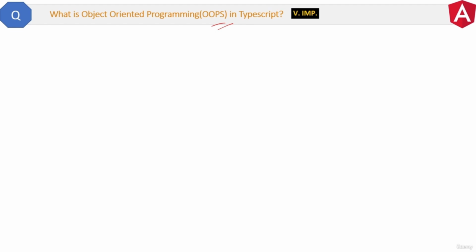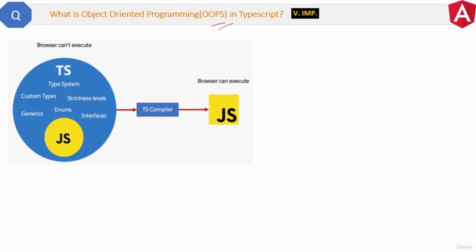So let's start. We already know TypeScript does not execute on the browser. First, it is converted into JavaScript via a transcompiler, then it is executed on the browser. Now the question is, why are we not directly writing the code in JavaScript? Why do we need to write the code in TypeScript first?